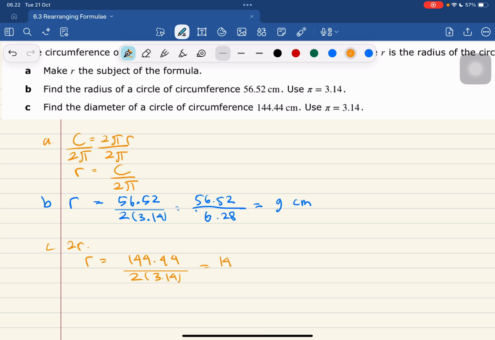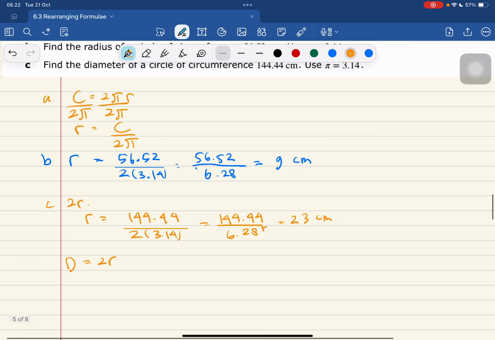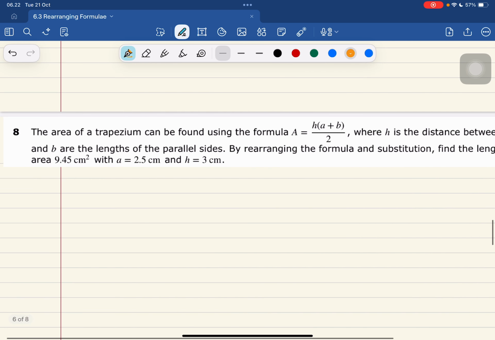So it's going to be 144.44 divided by 6.28, which is going to be 23 centimeter. So diameter is going to be 2r, which is 2 times 23. So the diameter is going to be 46 centimeter. Okay. Now it's number 8.